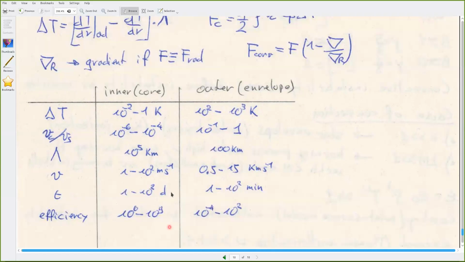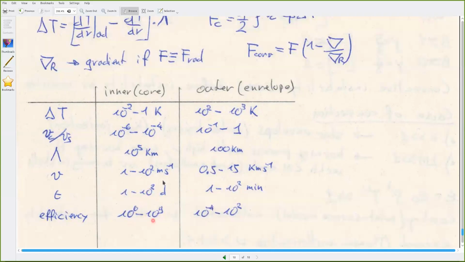The typical time to move the cell is some days in the inner part, because it's slow. Outside it's really quick, a few minutes. And if you look at the efficiency inside, the efficiency is definitely big.